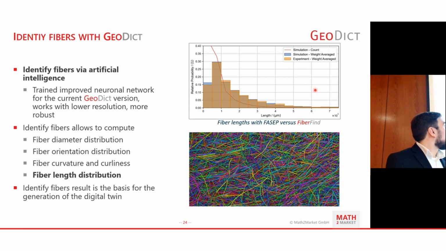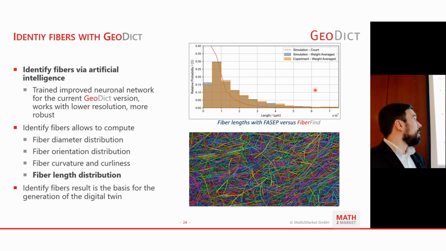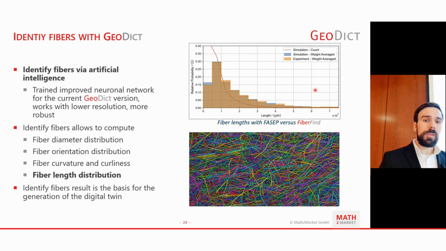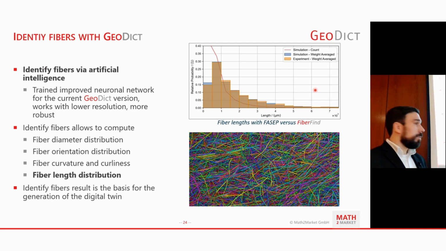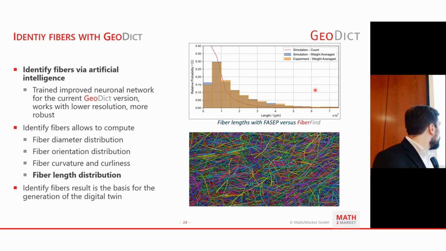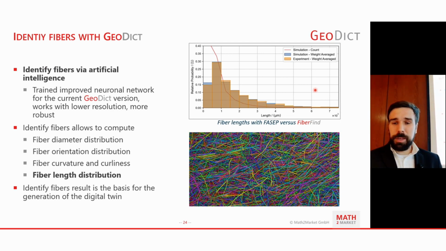And we have some nice agreement here. In brown we have the experimental result, and in blue we have the FiberFind result. So nice agreement for the fiber length distribution here, and that is also part of the digital twin nonwoven app that we need.